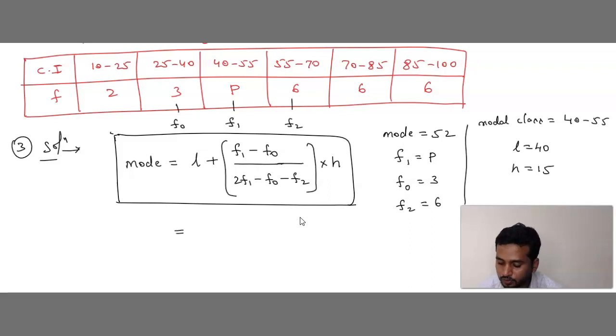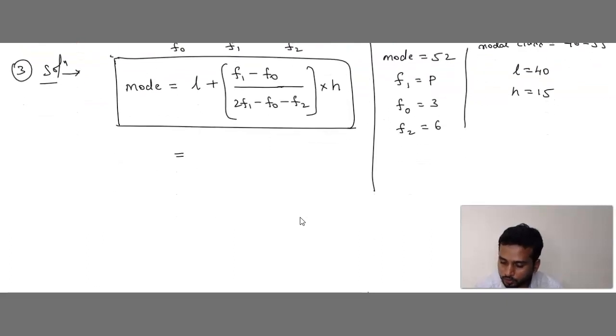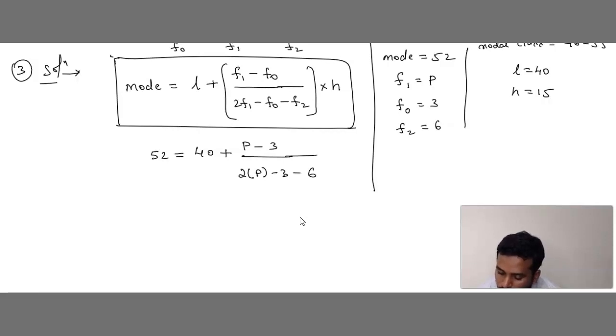Okay. Now what we should do? Substitute the values. This is the data, correct? So what is mode? Mode is 52, L is 40, plus (P, F1 is P, F0 is 3) by (2 into F1 is 2P minus F0 3 minus F2 6), into H is 15.